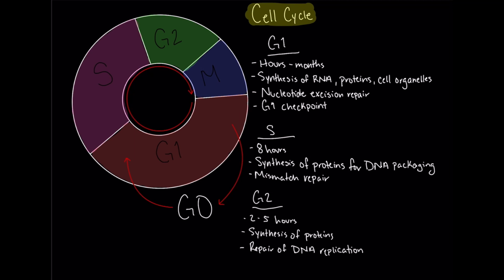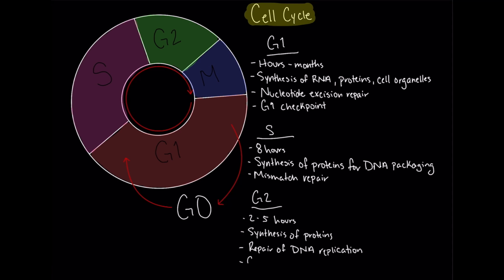And there is also a G2 checkpoint right before entering mitosis, like we said, to repair any errors that have been made. And so we don't want a faulty cell being replicated, since that can cause a lot of damage in the body, like for example, cancer. G2 checkpoint.